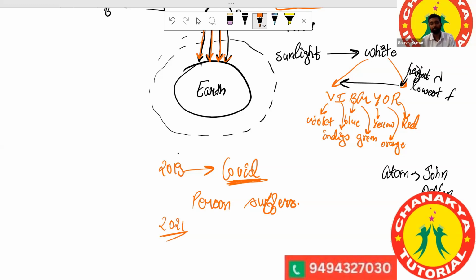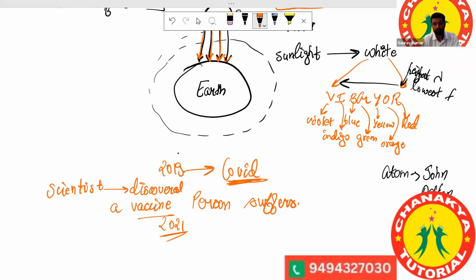Okay, that can prevent people from getting this disease. So what this scientist did, he discovered a vaccine. Because of this scientist who discovered this vaccine, people are able to walk freely nowadays.